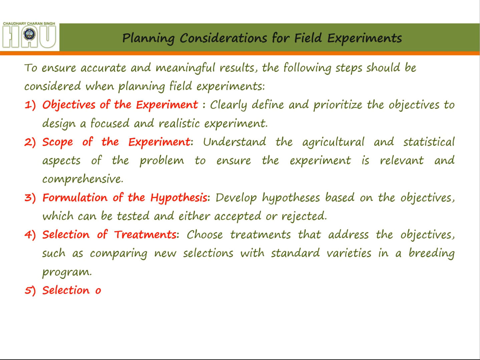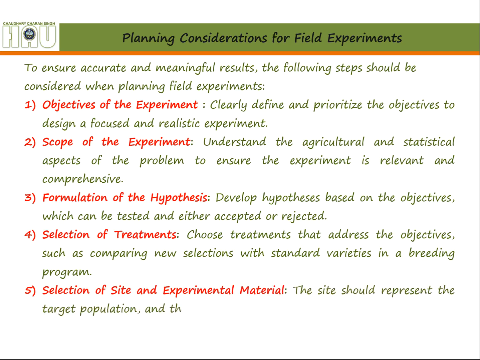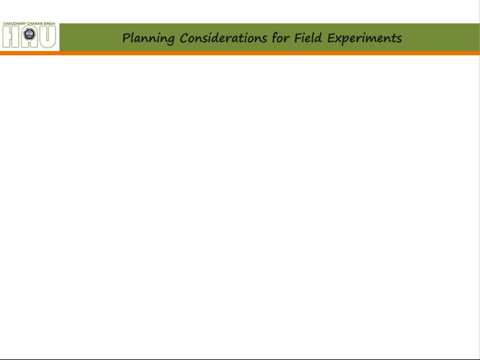Then the fifth one is selection of site and experimental material: the place where you want to conduct your experiment, and what experimental materials are available with you. The site should represent the target population, and the material should be homogeneous and relevant to your objective. There are a few more. Number 6, selection of plot size.